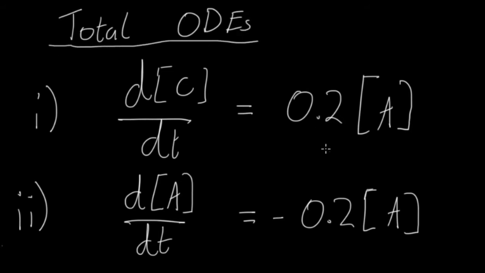Both of these are ordinary, as we discussed in the first tutorial, because all variables are dependent on time. C is dependent on time, and A is dependent on time as well.